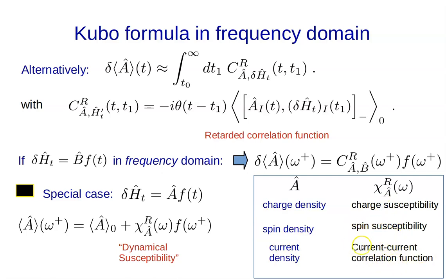Here it is usually not called a susceptibility, it's called the current correlation function, and we're going to see how to calculate this, or how that works when we calculate the conductivity in linear response. But let's see how we arrive at this case when you write these correlation functions in the frequency domain. So let's go to the blackboard.